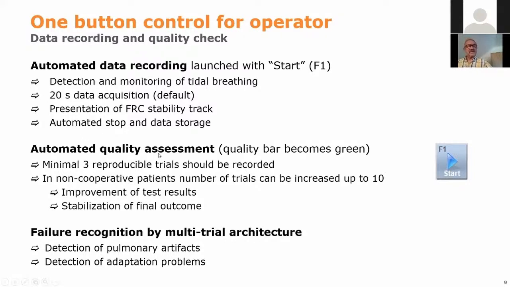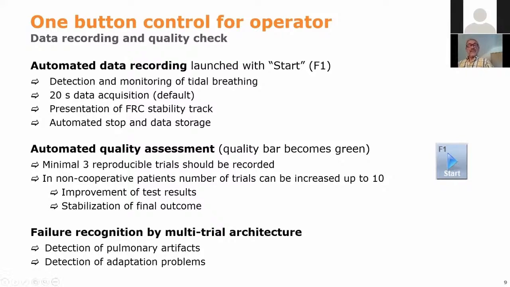That means the system itself checks the quality of the recordings. That's especially important in elderly and also in children, and tells you if the quality is sufficient. And if not, you have to add trials, which is not so problematic because it's only tidal breathing.